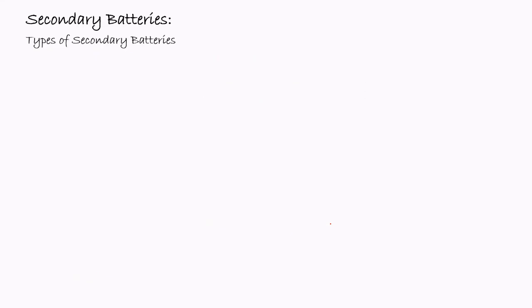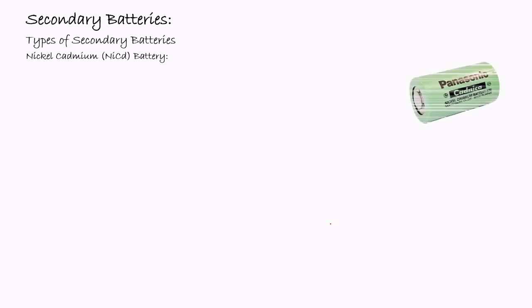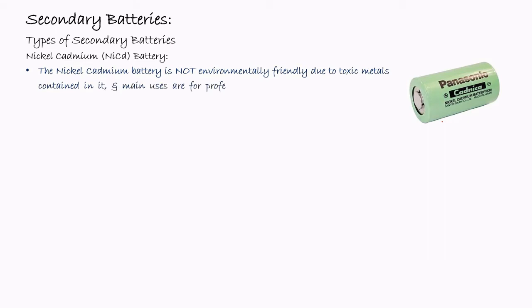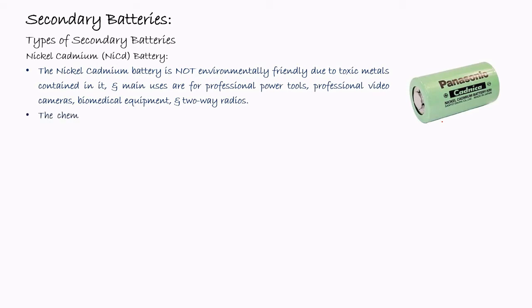Types of the secondary batteries. The first one is called the nickel cadmium battery. Here, the example of the nickel cadmium battery is shown. The nickel cadmium battery is not environmentally friendly due to the toxic metals contained in it. And the main uses are for professional power tools, professional video cameras, biomedical equipment, and two-way radios.